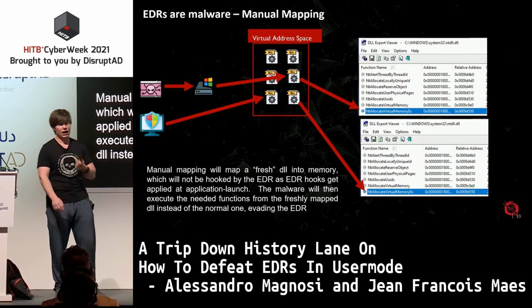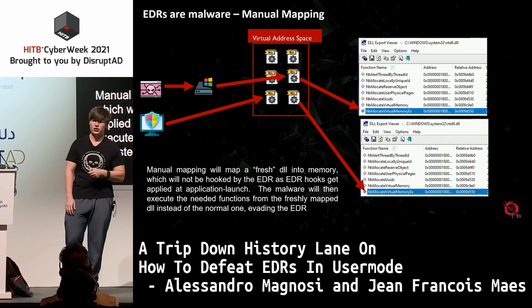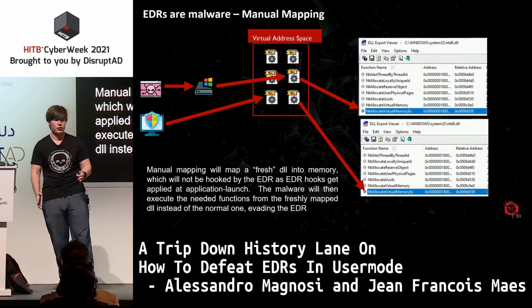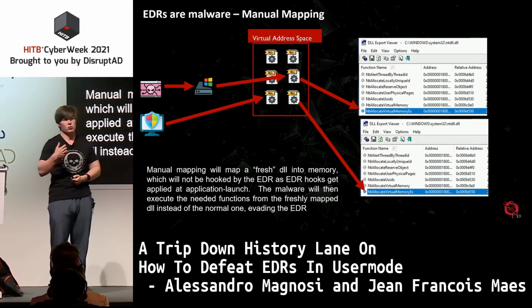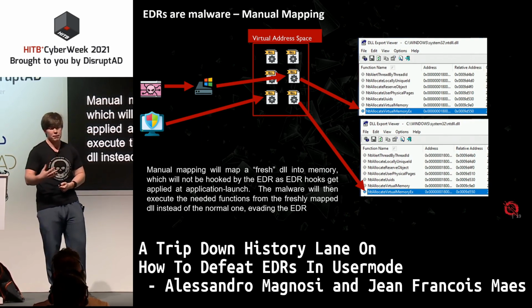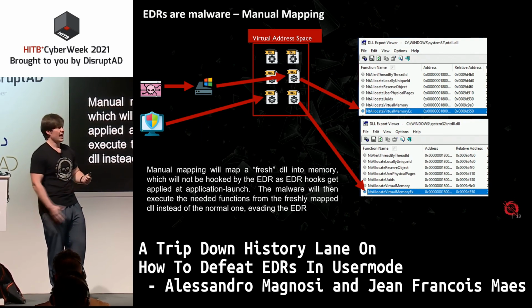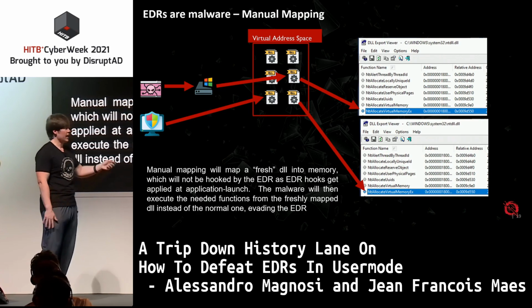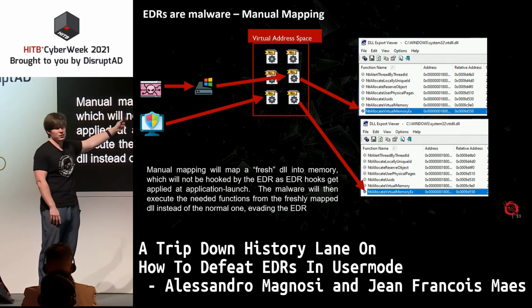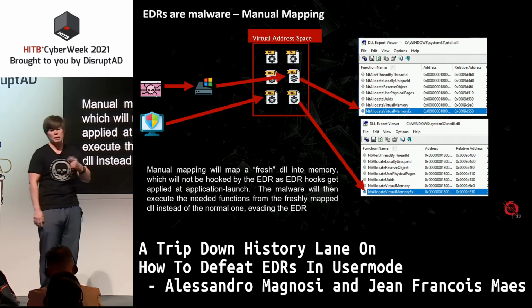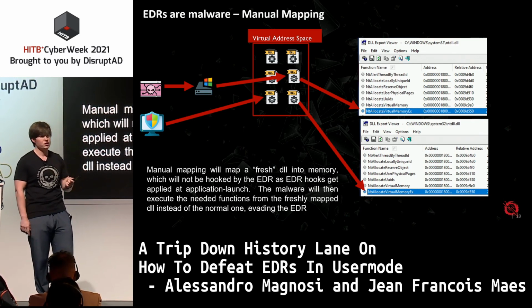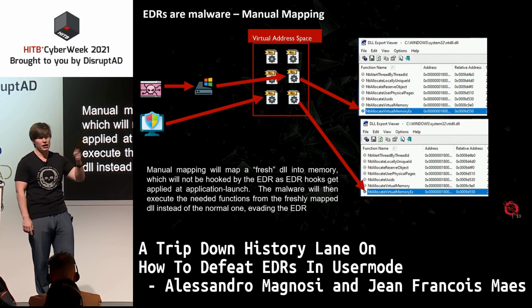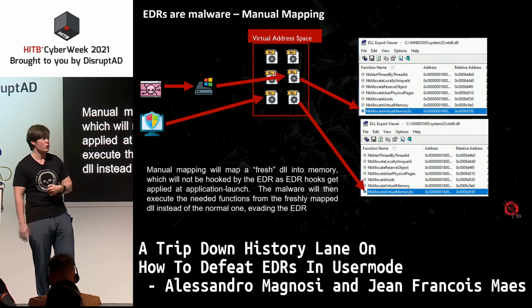This works, but of course you lose all the functionality of the Windows loader because you are manually mapping it yourself. If you call an NT function using the Windows loader, it's going to default to the already mapped one. So if you're manually mapping, you have to do calculations and offsets all by yourself, or use a framework like SysWhispers to do it for you.